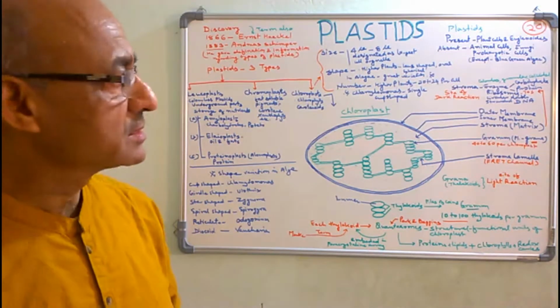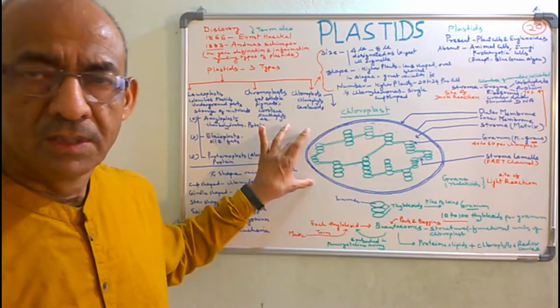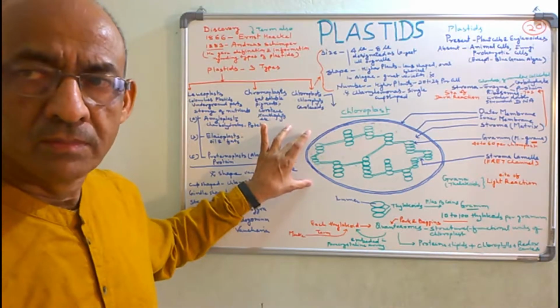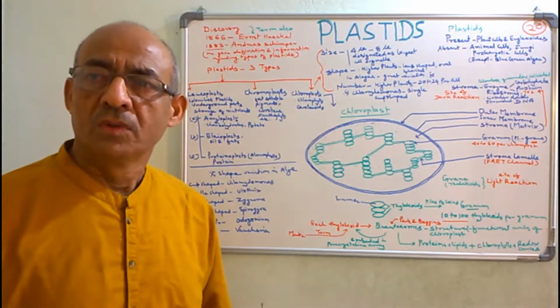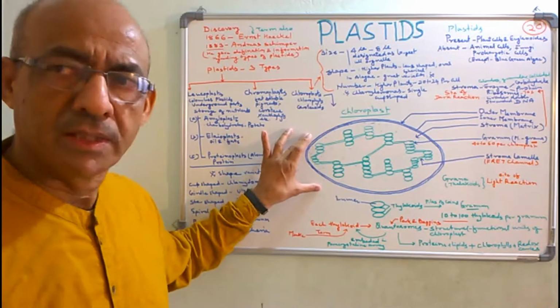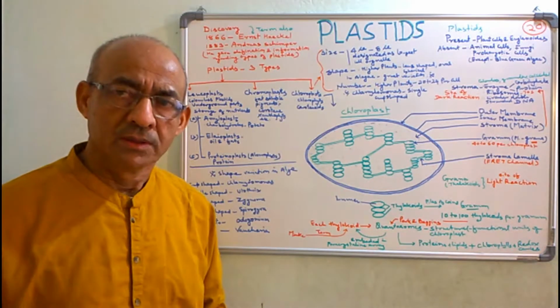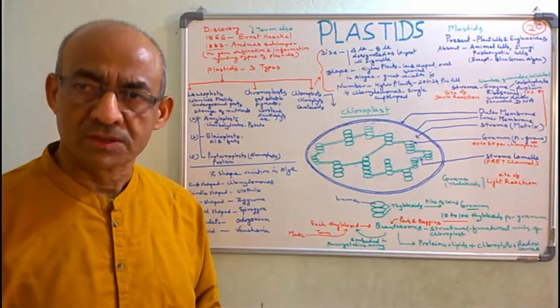Now we will discuss the structure of chloroplast. I have drawn a separate diagram of the chloroplast here, you see attentively, so that you can understand the structure of chloroplast.